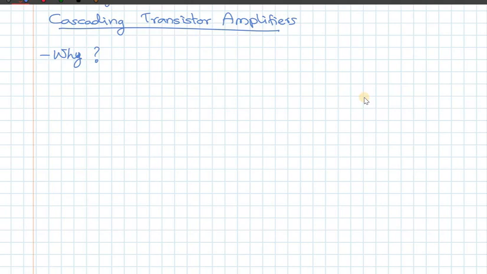But its voltage gain is unity, or actually a little bit less than unity. So it is not a good voltage amplifier. In order to combine all these good features, high input impedance, low output impedance, and high gain, you need to have multiple stages.